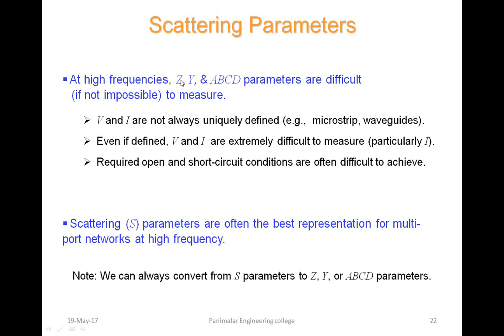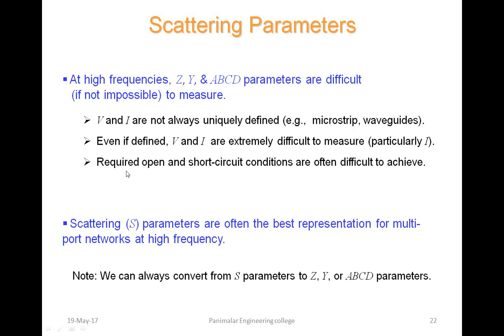At high frequency, as we discussed, Z, Y, ABCD parameters are difficult to measure. Voltage and current are not always uniquely defined. Even if they are defined, we cannot make use of a voltmeter and current meter to measure voltage and current in those devices.